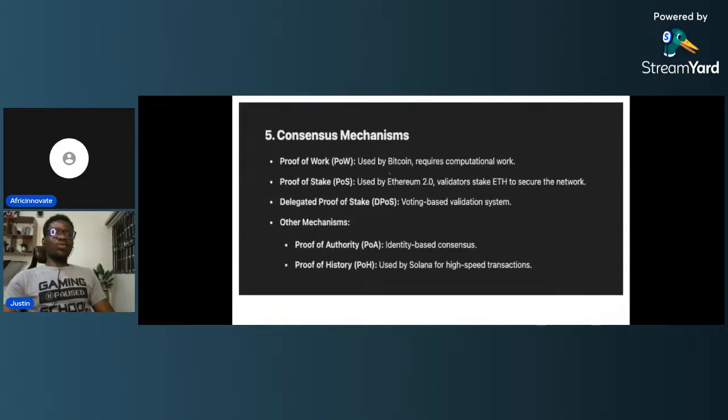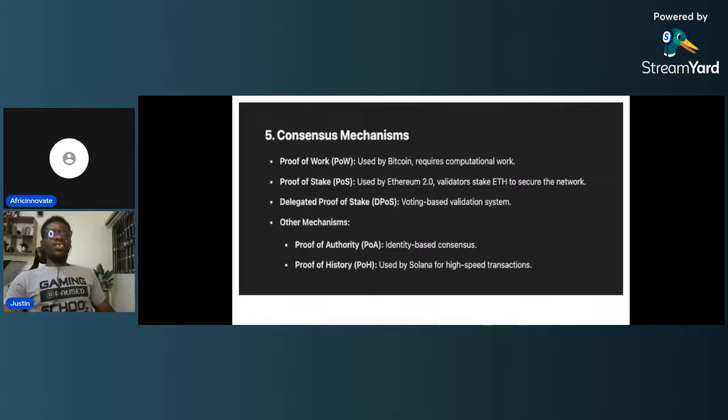I think we are coming to the end. Before we call it a day, we have the consensus mechanism. Before 2022 or thereabouts, Ethereum was still operating under proof of work.